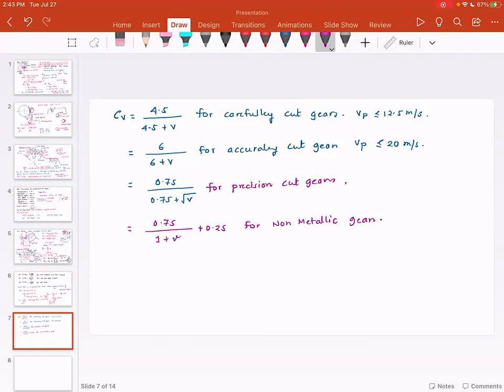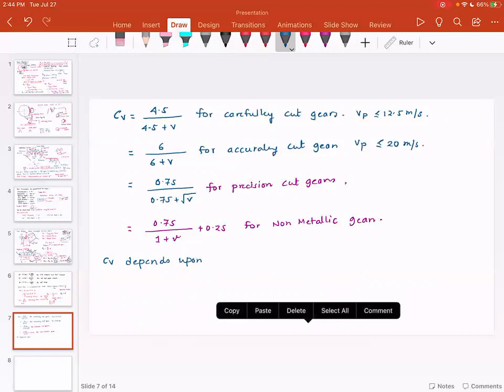If you think about this equation for CV, the equation for CV depends upon V. And I need to write this down. So CV depends on V, which is the pitch line velocity.